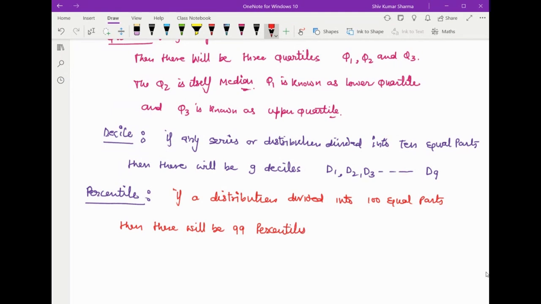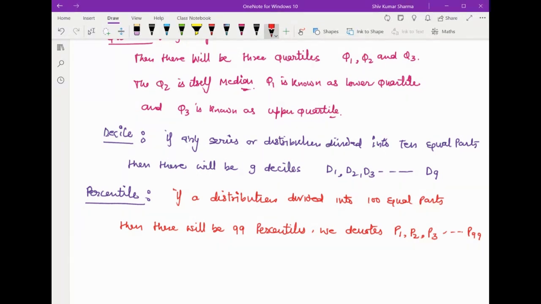We denote these percentiles as P1, P2, P3, and so on up to P99.